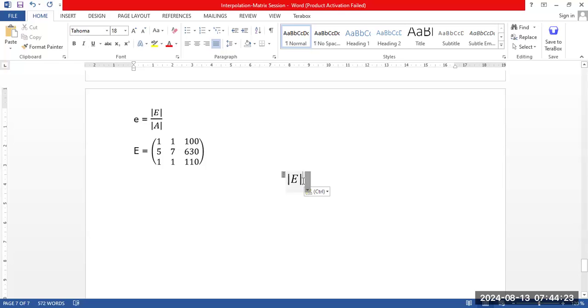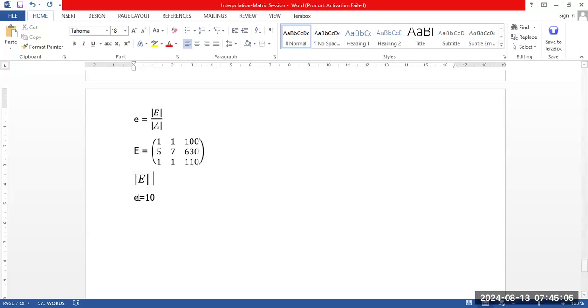Once you get the determinant of E, divide that determinant of E by determinant of A, and at the end when you solve, your E should give you 10.